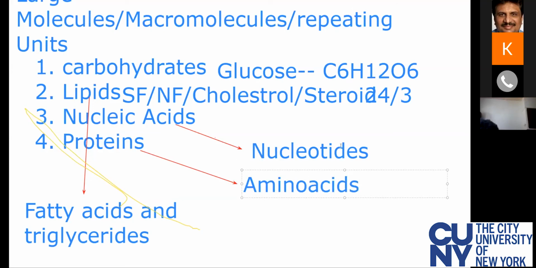Now on this slide, you have 4 biomolecules: carbohydrate, lipids, nucleic acid, and proteins. All of them are macromolecules. They are made up of smaller units, but these smaller units are more defined in carbohydrate, nucleic acids, and protein, and less defined in lipids. But if you look at a lot of metabolic or biochemistry books, they will say lipids are made up of fatty acids and triglycerides.